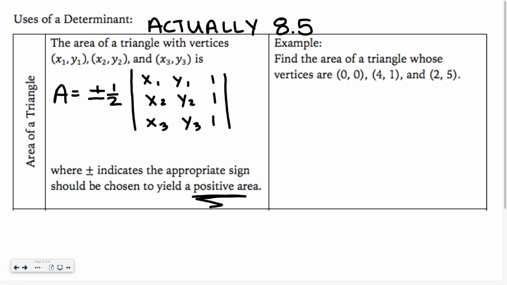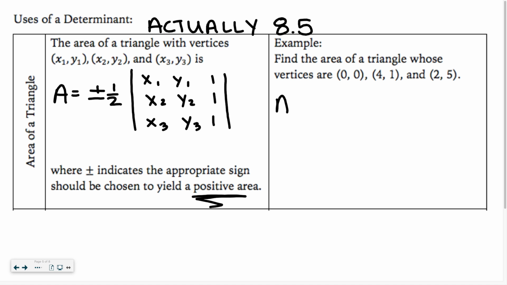If your determinant comes out to be positive, then you'll multiply it by a +1/2 and you'll still get a positive area. So you're not actually multiplying it by plus or minus 1/2, both. You're choosing the appropriate value. What's the one thing your area or your determinant shouldn't come out to be if it's really a triangle? 0. You shouldn't get a 0 area because then what kind of triangle do you really even have, if there's no area in it.